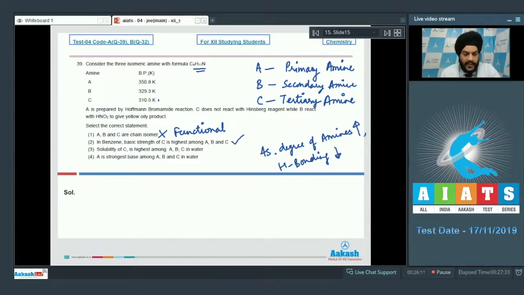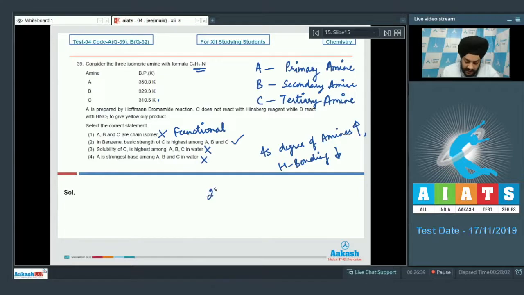Okay. If we talk about the third option now, solubility of C is highest among A, B and C in water. This is not correct, students. Tertiary amines will not be able to get properly solvated. So they will be very less soluble as compared to the primary and the secondary amines. Okay, and if we talk about the fourth option now, A is the strongest base among A, B and C in water. This is not correct, students.